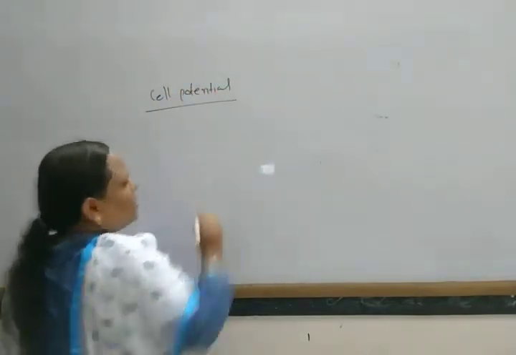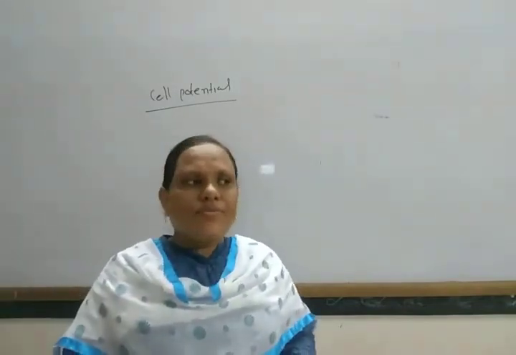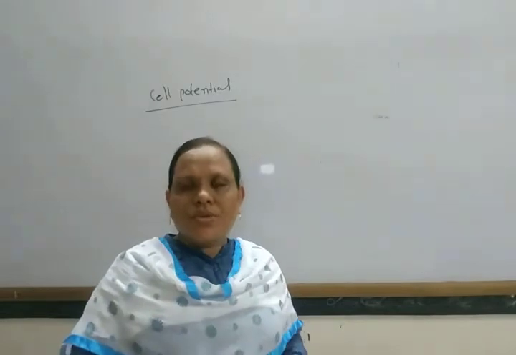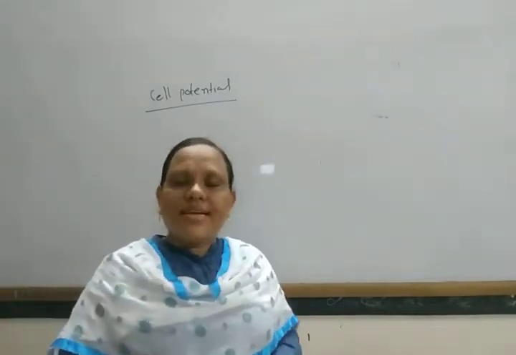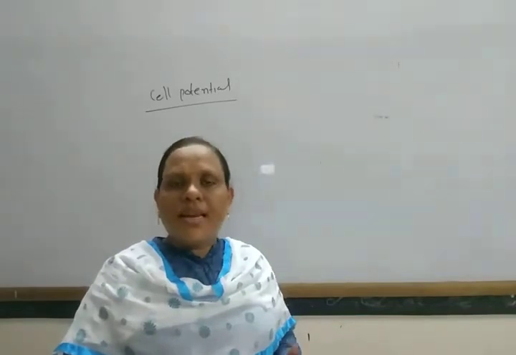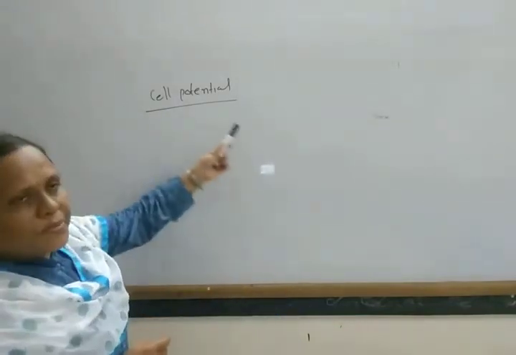An electrochemical cell consists of two types of electrodes. One is the anode, another is the cathode, or two half cells: one is the oxidation half cell, another the reduction half cell. So how do we find the cell potential?